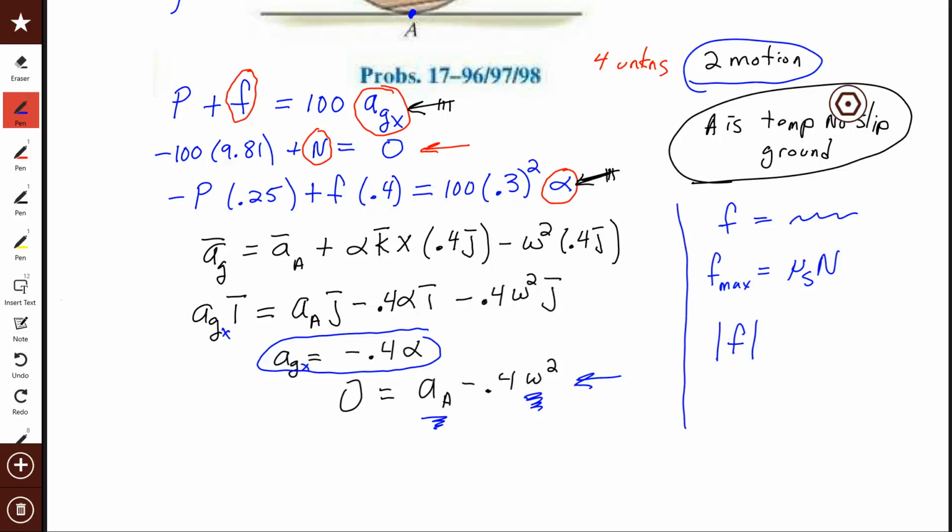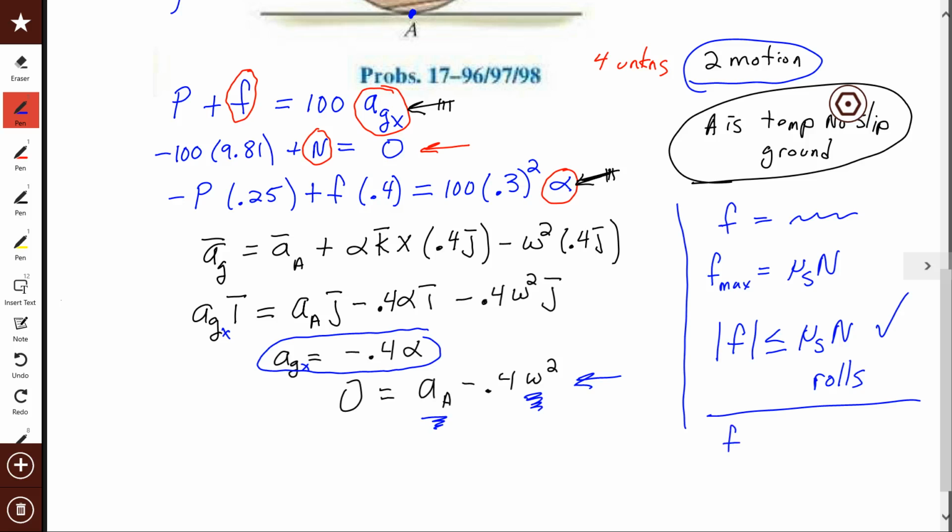You want the magnitude. Is the magnitude of the friction less than or equal to mu s n? If it is, then you're correct. It rolls. If F is greater than mu s n, then you say, aha, I'm wrong, and it slips.